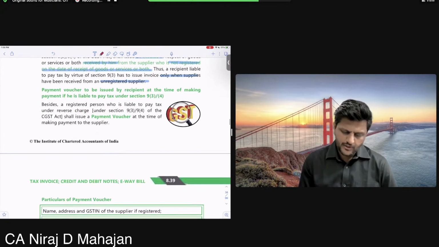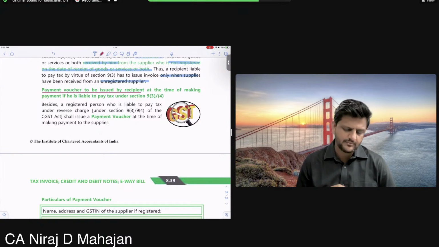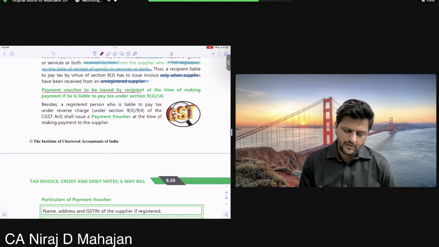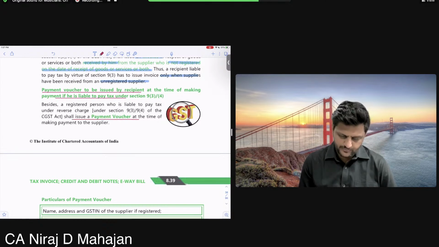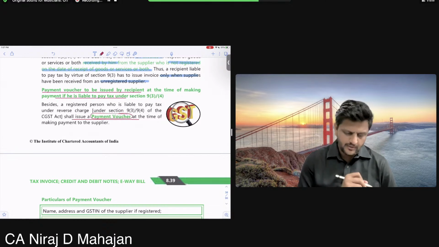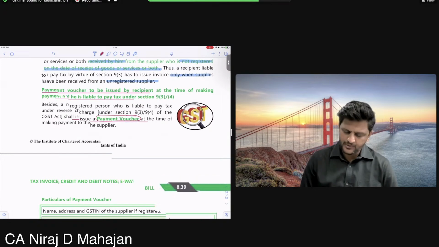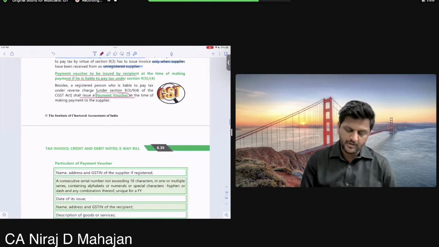Payment voucher to be issued by the recipient at the time of making payment if he is liable to pay tax under RCM. Besides, a registered person who is liable to pay tax under RCM shall issue a payment voucher at the time of making payment to the supplier.